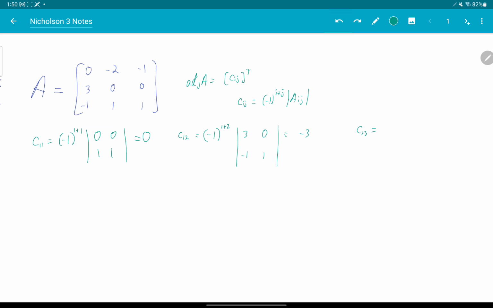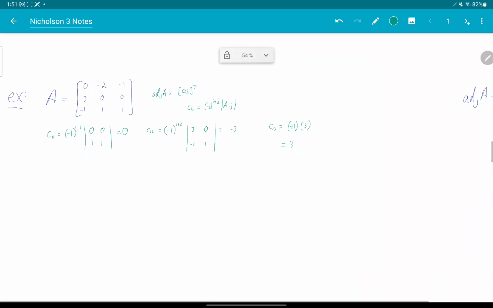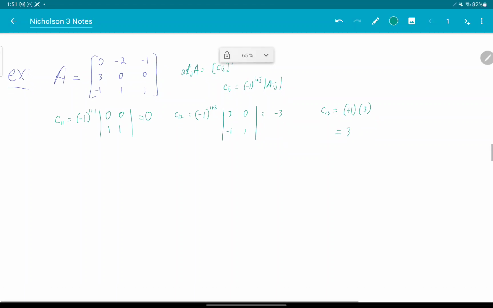So C13, I got a 3 for the determinant, and it's going to be plus 1, and then times 3 for the determinant. Okay, so I continue in this way, and I find all the cofactors. And then I have to remember to transpose at the end.